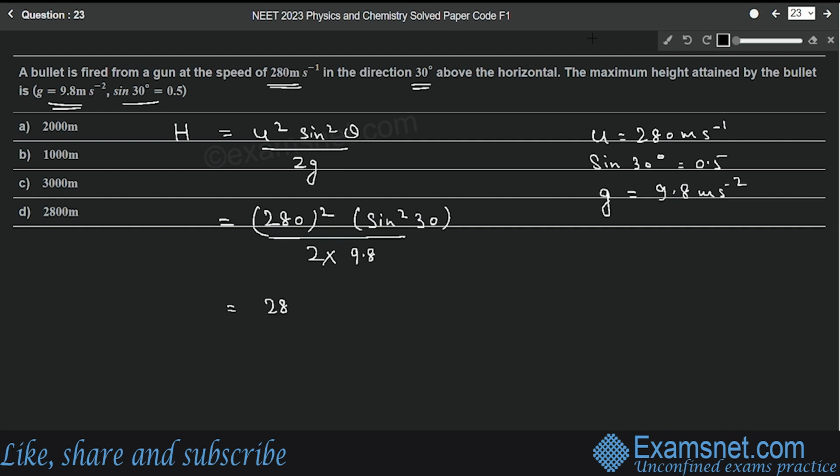So 280 square into sine 30 is equal to 0.5. So sine square 30 will be 0.25, right? And here we have 2 into 9.8. So on solving this, we'll get 1000, and the unit will be meter. Okay, so the correct answer will be option number B. 1000 meter will be the height, the maximum height attained by the bullet.